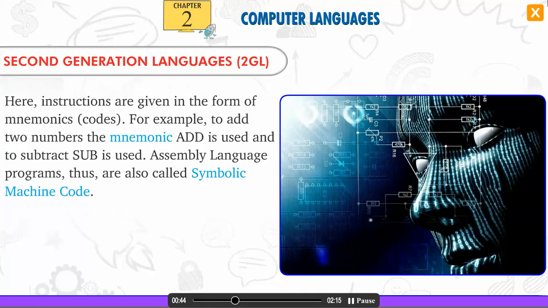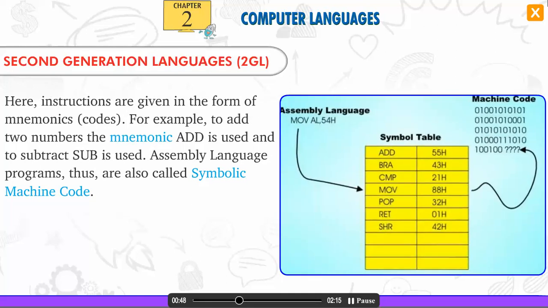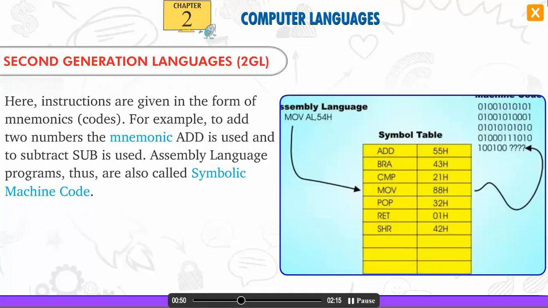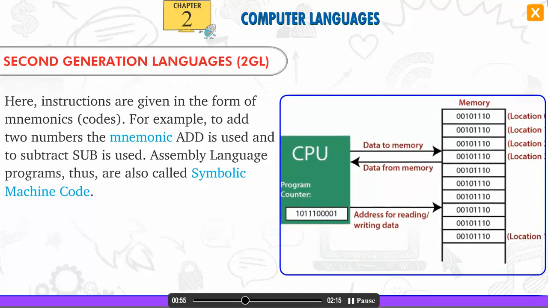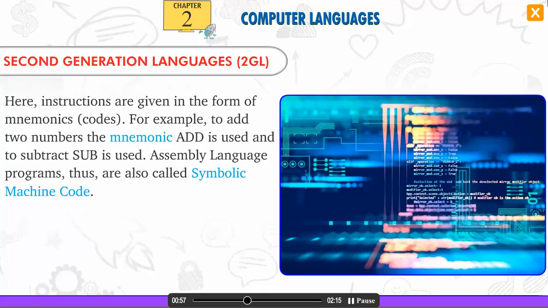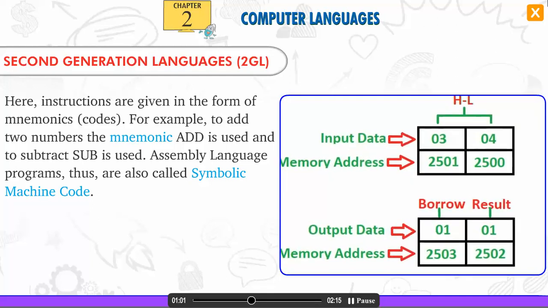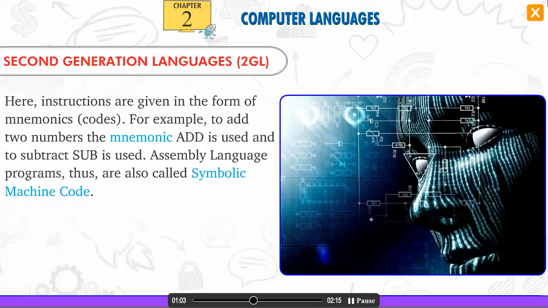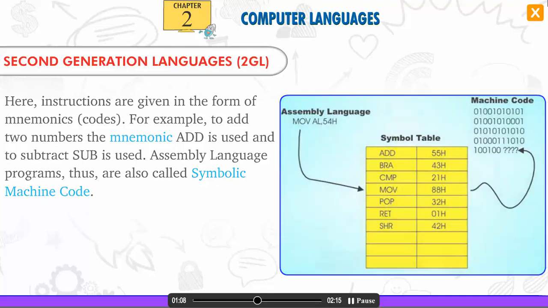Here, instructions are given in the form of mnemonics, codes. For example, to add two numbers, the mnemonic ADD is used, and to subtract, SUB is used. Assembly language programs thus are also called symbolic machine code.